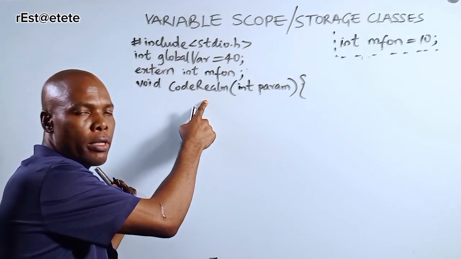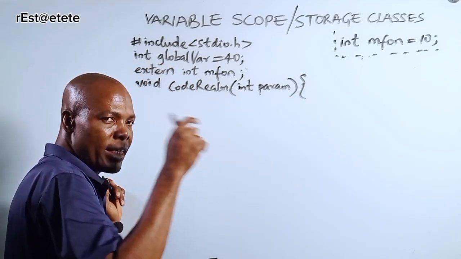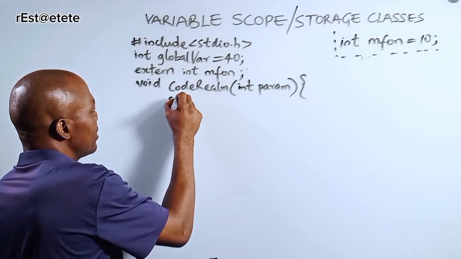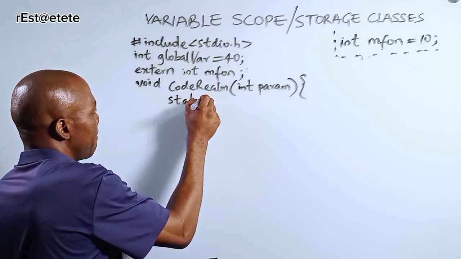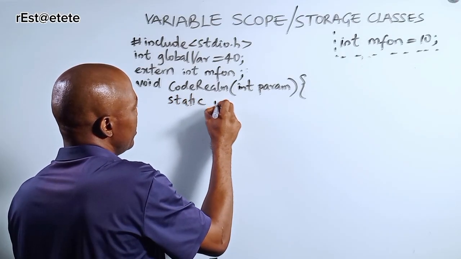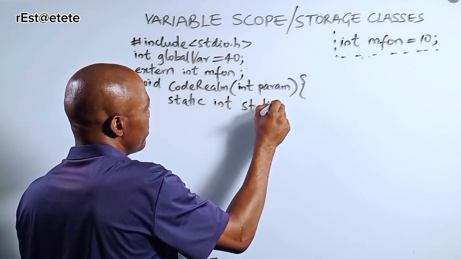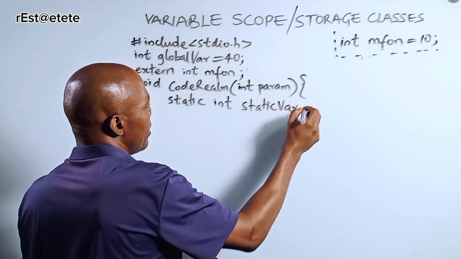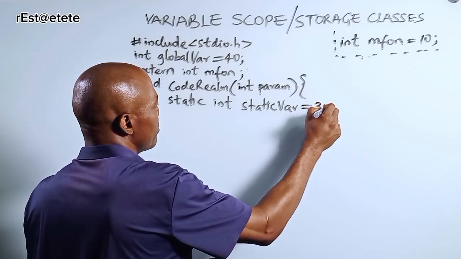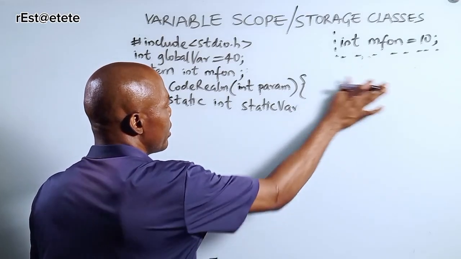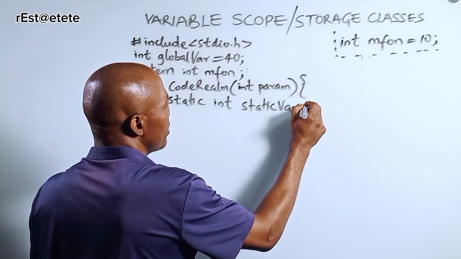So inside this code rem function, I'm going to declare a static variable. So I will say static int, I will just call it static var, and I will assign 30 to it. This one, I'm just going to declare it this way.